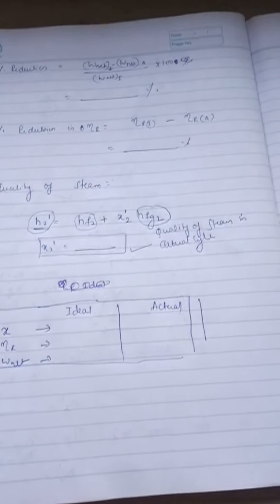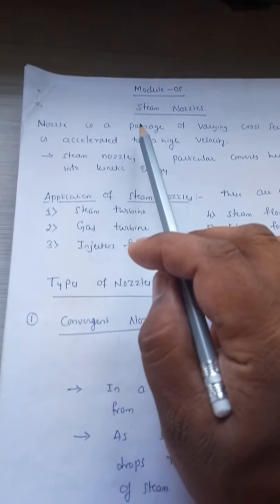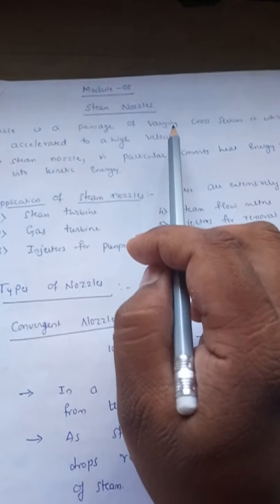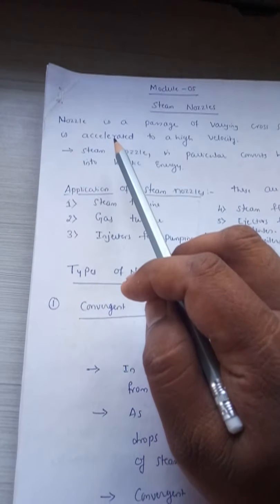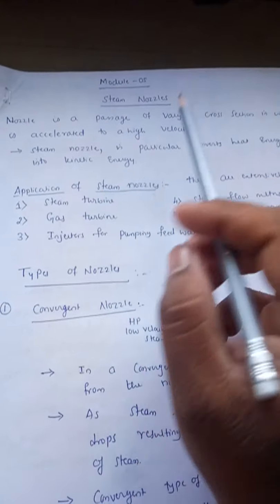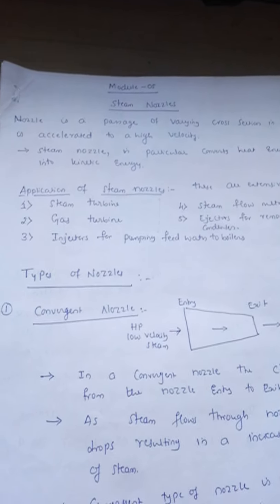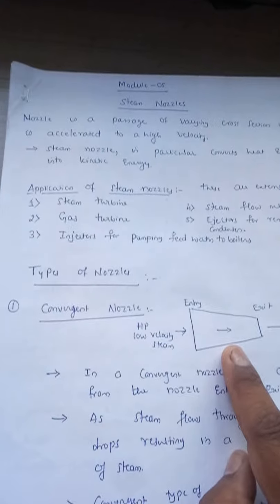We'll study what is a nozzle. A nozzle is a passage of varying cross section in which fluid is accelerated to a high velocity. You already know this figure, this is a nozzle, right?